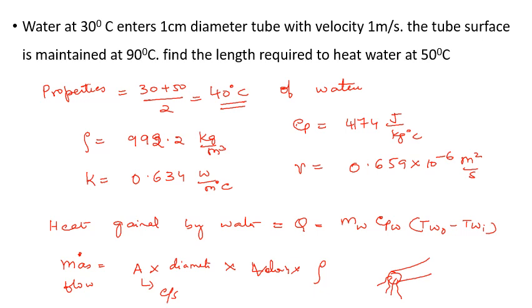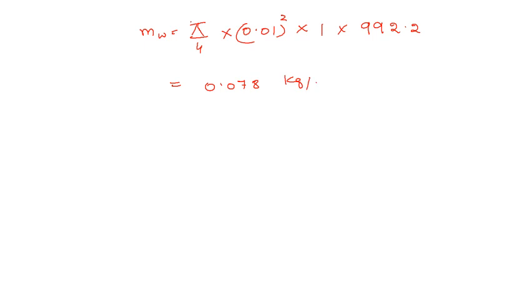Substituting the values, the mass flow rate is pi by 4 into 0.01 squared, velocity is 1 and density is 992.2. It turns out to be 0.078 kg per second.